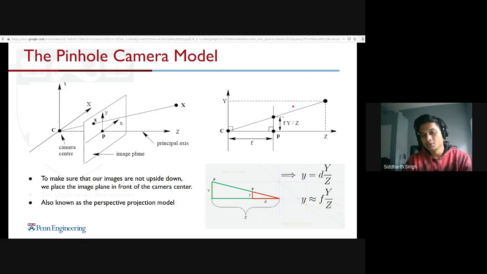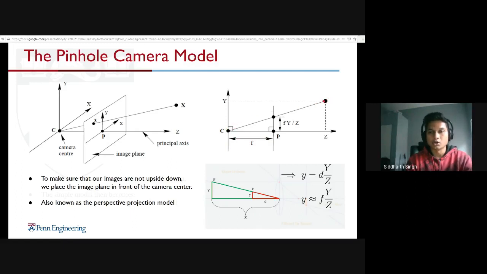So the properties of the image that we see depend upon certain characteristics of the pinhole, or so to say, the lens itself. In the case of the lens, it's the focal length, right?